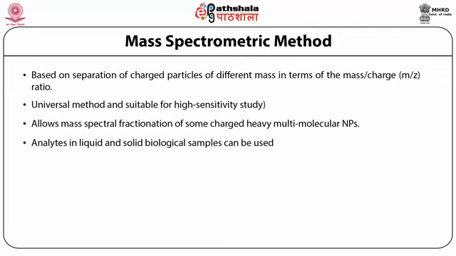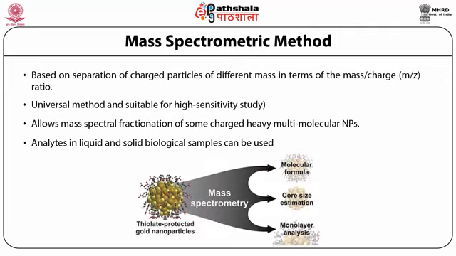The most commonly used ionization methods in mass spectrometry include electrospray ionization, matrix assisted laser desorption ionization, we call it MALDI, and inductively coupled plasma ionization. The coupling of a suitable mass detector like the one with the TOF analyzer, meaning time of flight, with a separation technique like liquid chromatography and electrophoresis increases the applicability and sensitivity many folds.